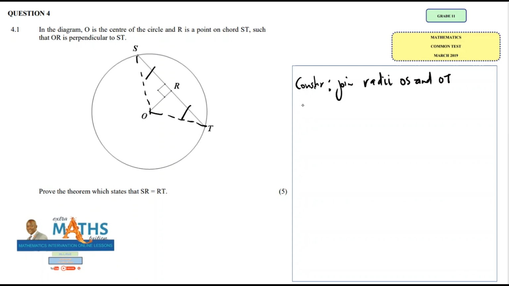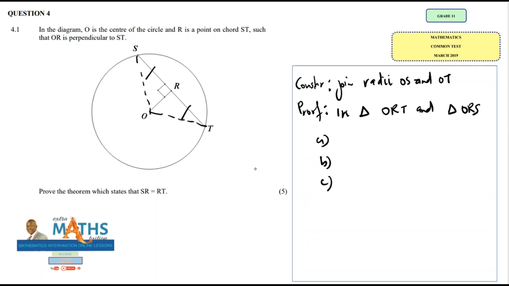Right, and then let us do some proving now. It means we have triangle ORT and triangle ORS. Okay, we need to have three things in order to prove this theorem.